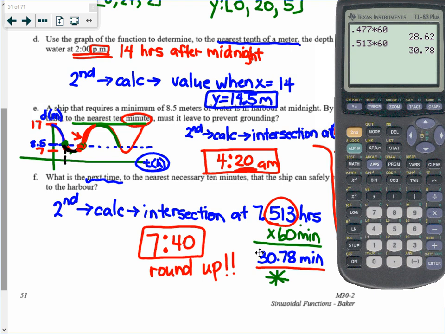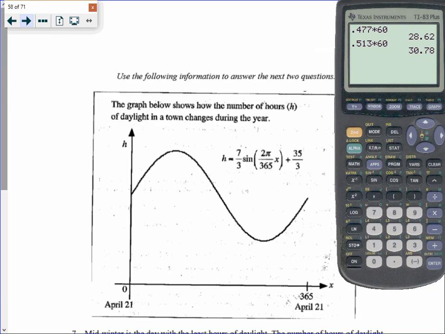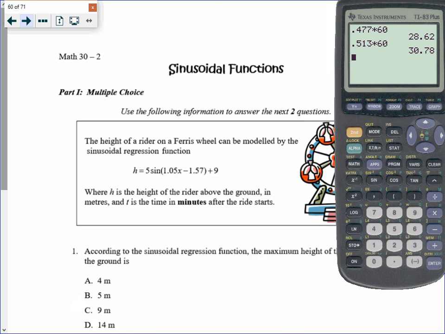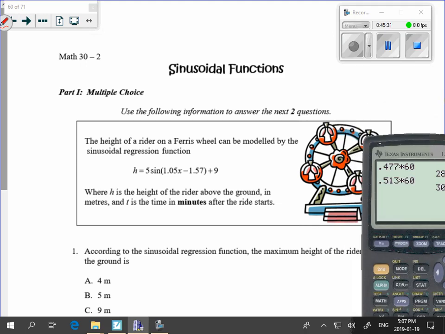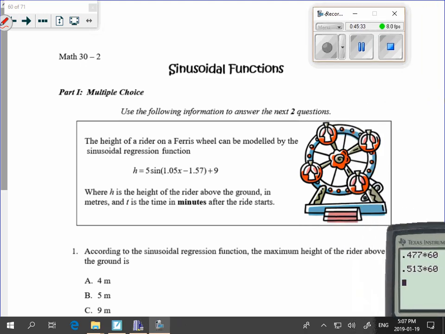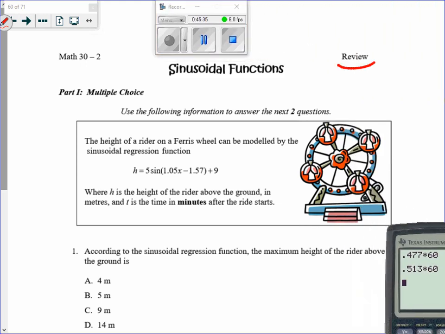So there is an assignment that you're going to do in your book that goes along with this, but it's actually not the next few pages. You're going to skip right over to page 60. So just flip right through these examples, because really all of the examples are very similar, and you're going to go right to page 60. This is what it looks like, and this is the review assignment, all about sine and cosine functions.